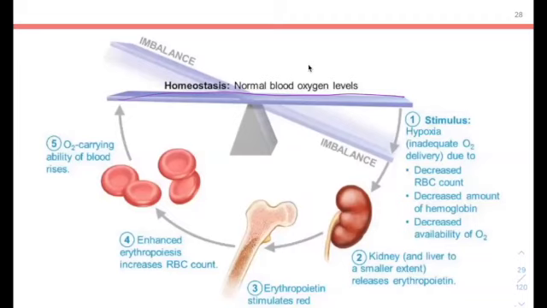The kidneys, sometimes the liver, will release that erythropoietin that stimulates the red marrow in the bone, or sorry, in the bone marrow, to produce more erythrocytes quicker and release an increased count of red blood cells into the blood so we can carry the oxygen we need to balance ourselves back out again.